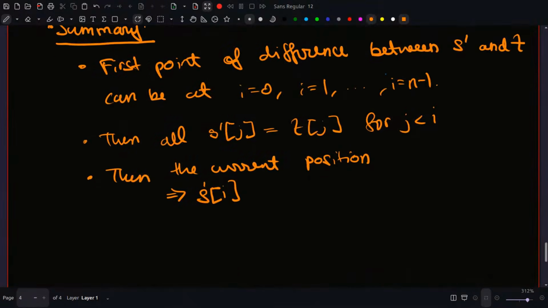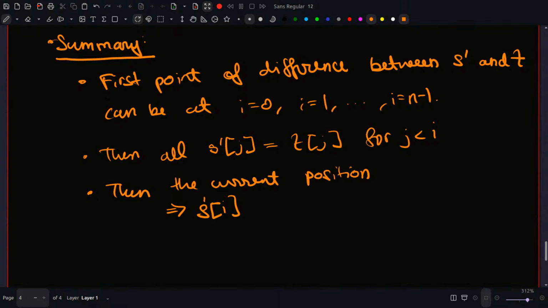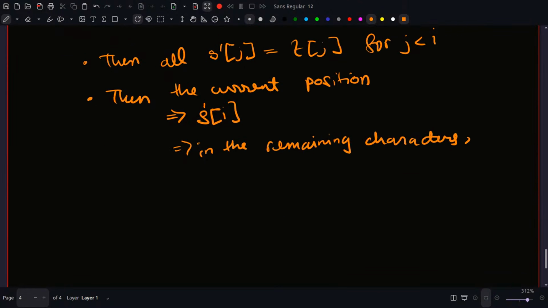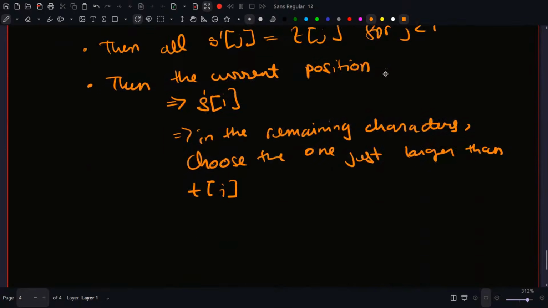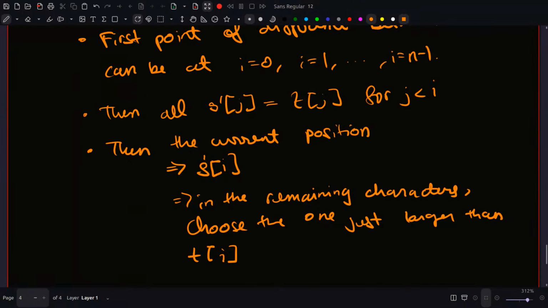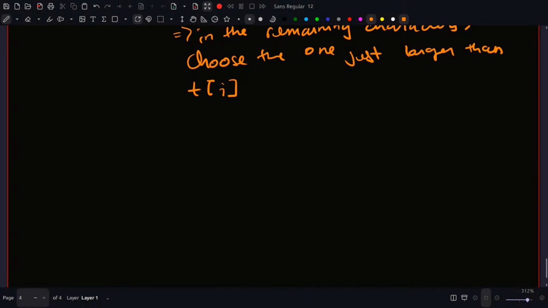Whichever is just larger than T of I in the remaining characters, we will choose that one. That ensures the current character is greater than T of I, while choosing the smallest such option, since we want the result to be lexicographically smallest. And then the remaining values can be filled in sorted order.